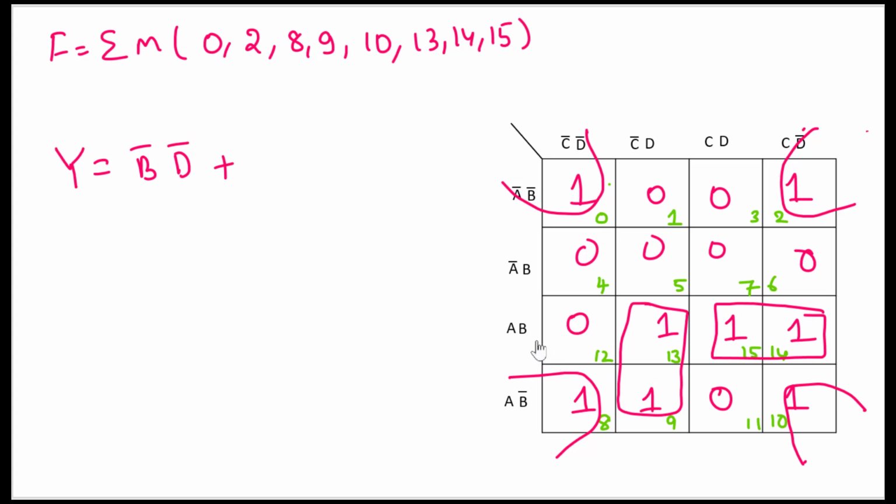And for this pair AB and AB bar, that means B is getting complemented, you're going to have A, and this one is C bar D. And if you take this pair, your AB is same for both, and if you look at this CD and CD bar, that means D is getting complemented, so you're going to have A, B, C. This is your output expression for the given logic function.